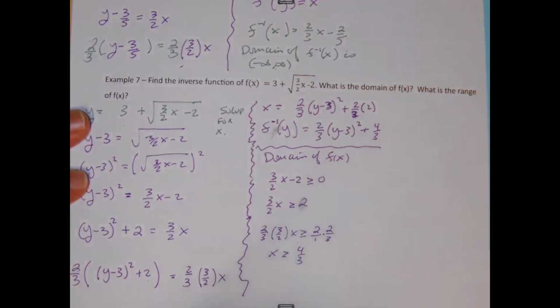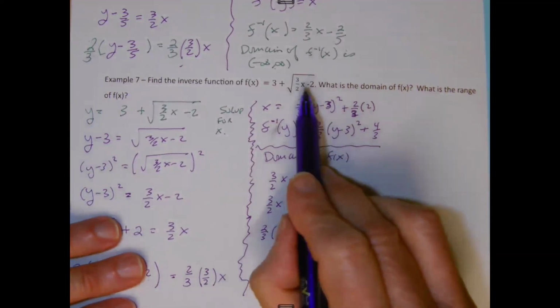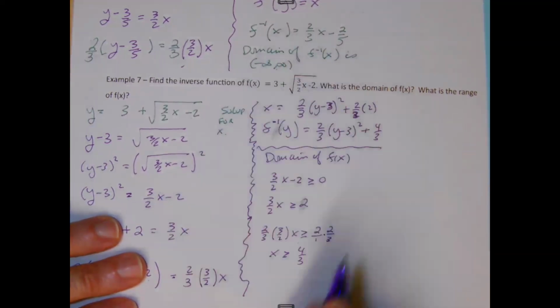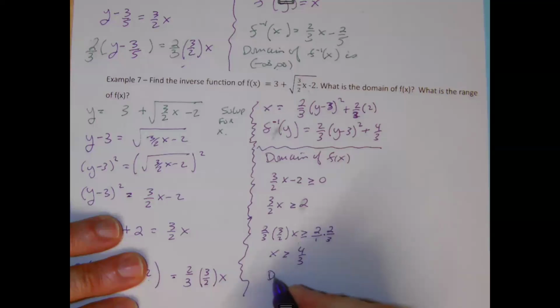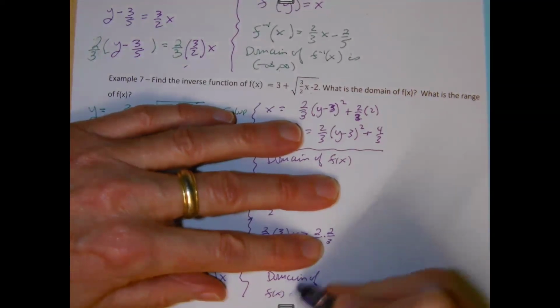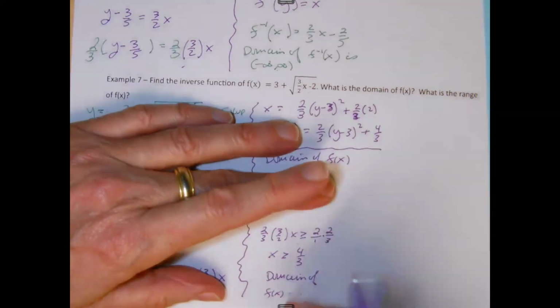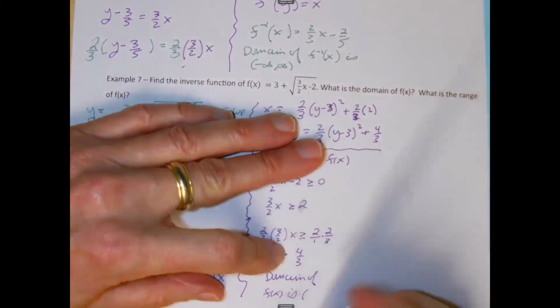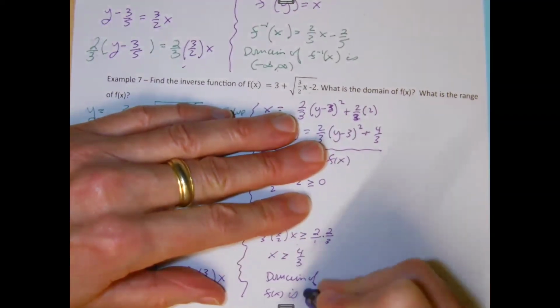Okay. And that becomes the domain of f of x. That's the only issue with this part. So domain of f of x, not the equal sign, just it is. And then I start at negative 4/3 and then go to infinity.